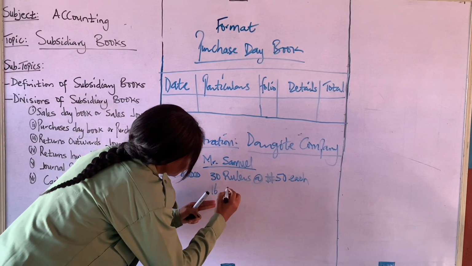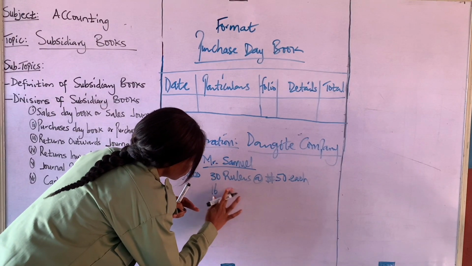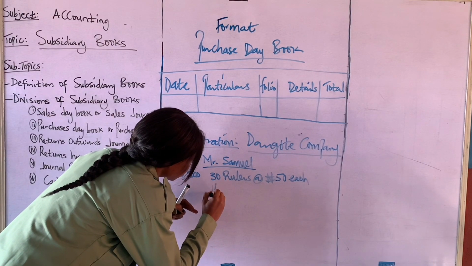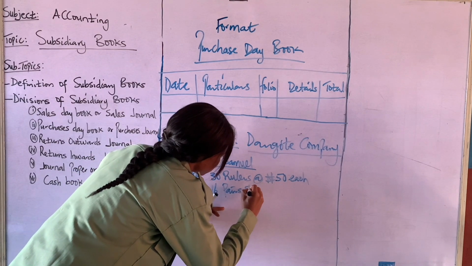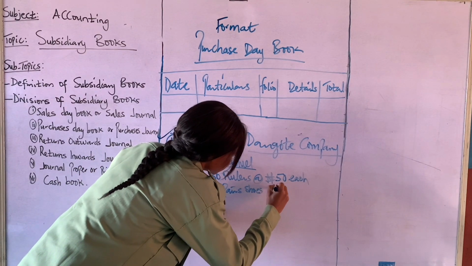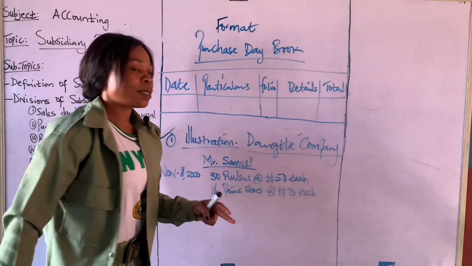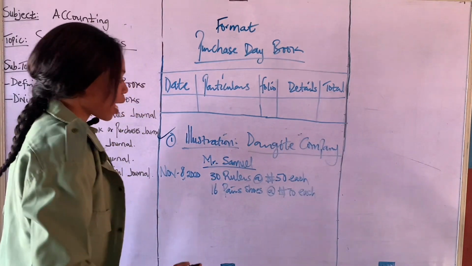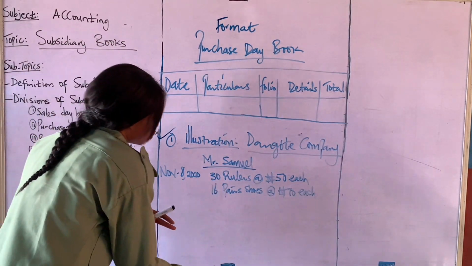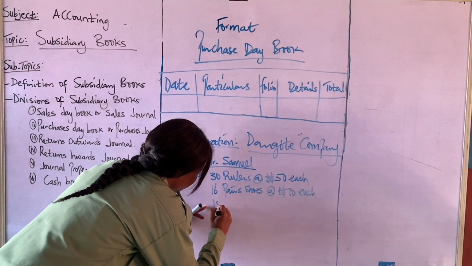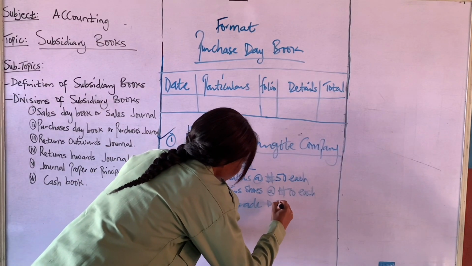Let's say 16 pairs of shoes at the rate of, let's say, 70 naira each. And a discount of 15% was given to Dangote company for making such purchases. Let's say a 15% trade discount was issued.